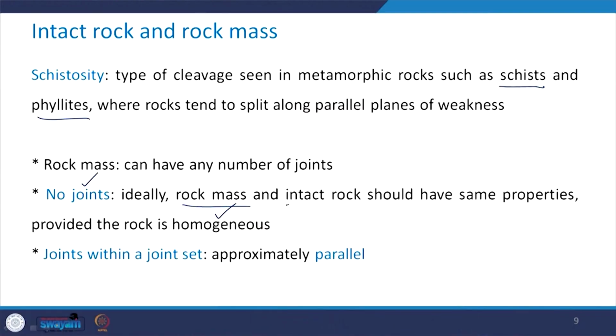But if the rock is homogeneous and there are no joints, then rock mass and intact rock have the same properties. Now joints within a joint set are approximately parallel. We have had the discussion on this as well.